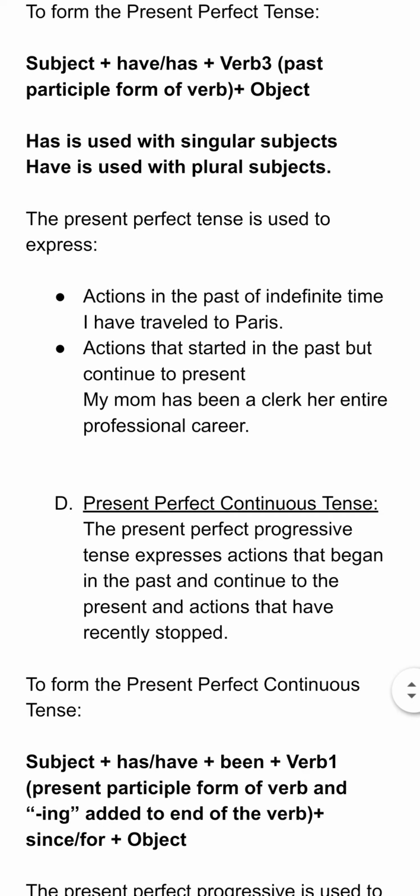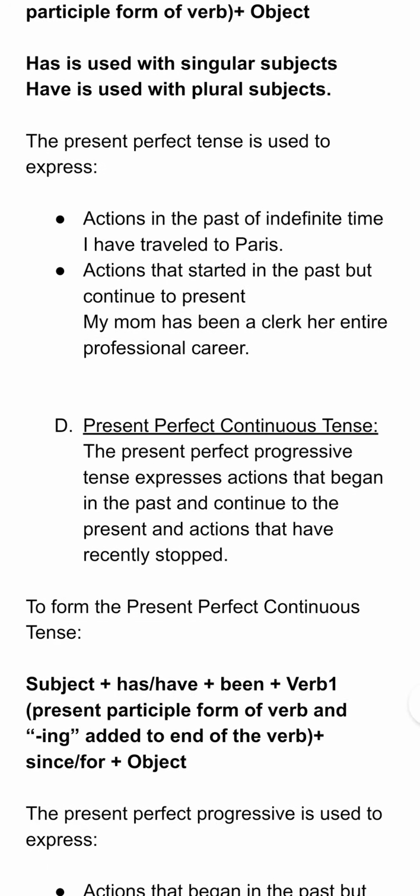Right? The present perfect tense is used to express actions in the past of indefinite time, like I have traveled to Paris. Okay? The next one is actions that started in the past but continue to present. That means actions those are continuing till the present time.